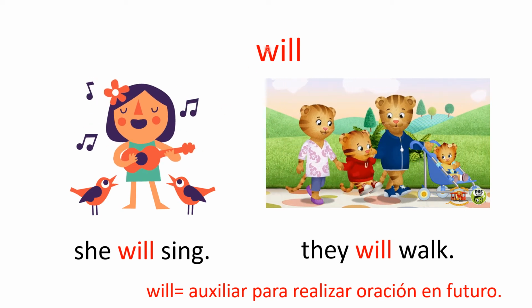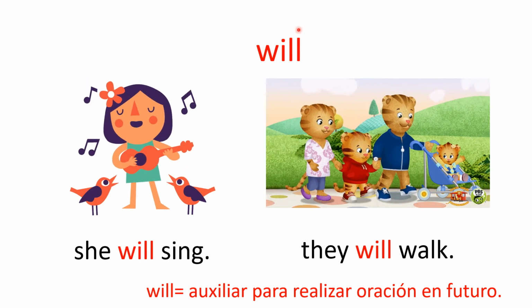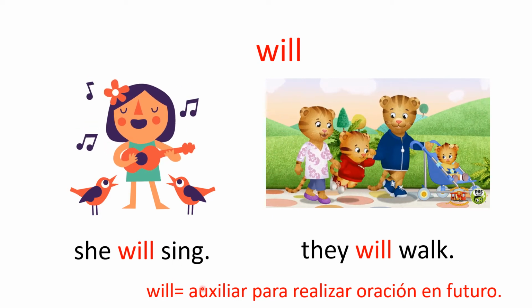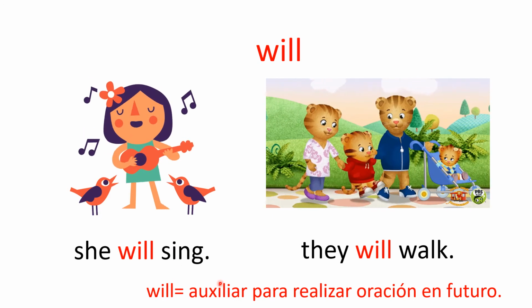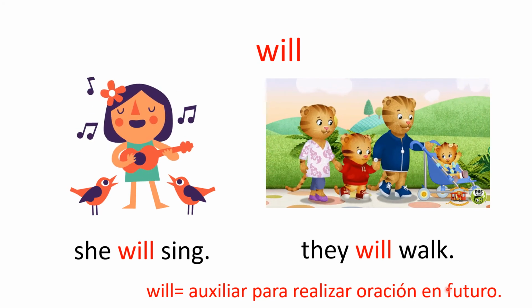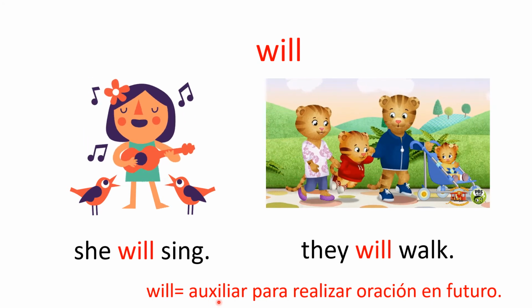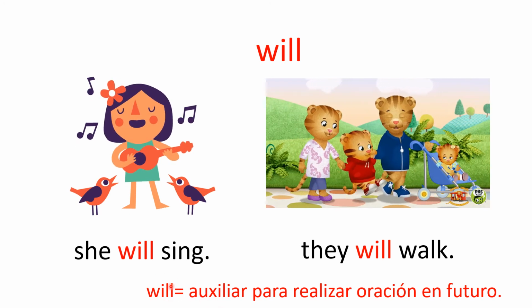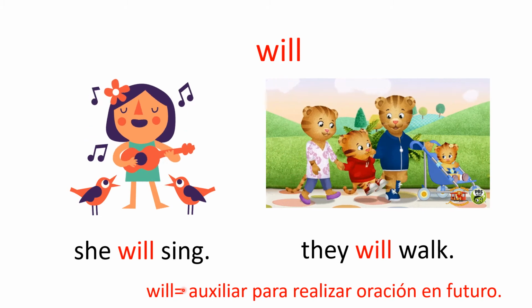Will. Well, in this case, will is not a verb. Will is an auxiliary for making future sentences. Do you see? The meaning is here. This is an auxiliary. Okay? And you can read this one more time.